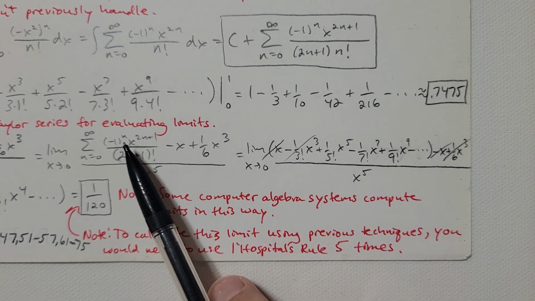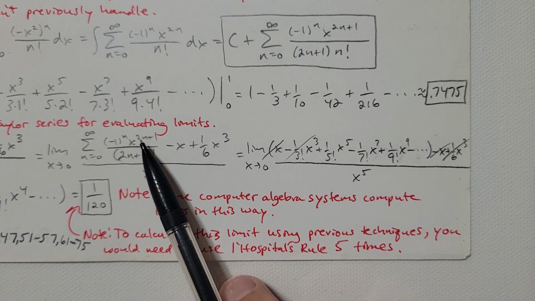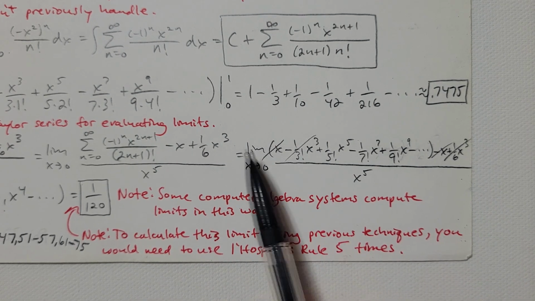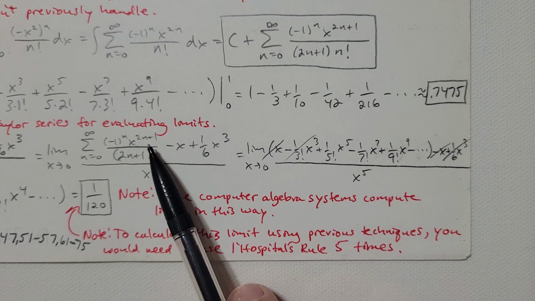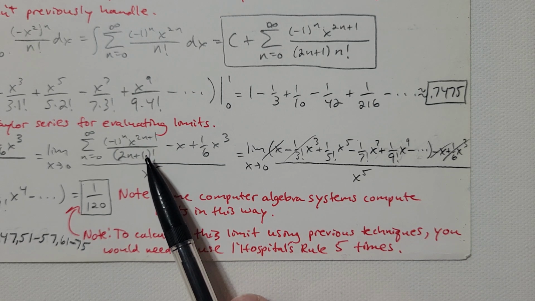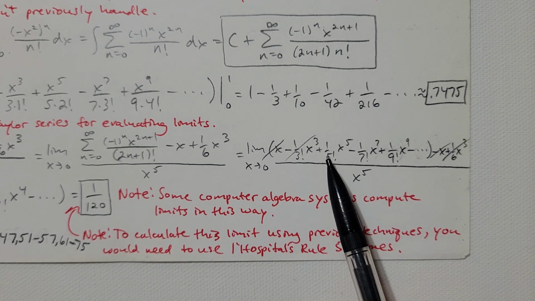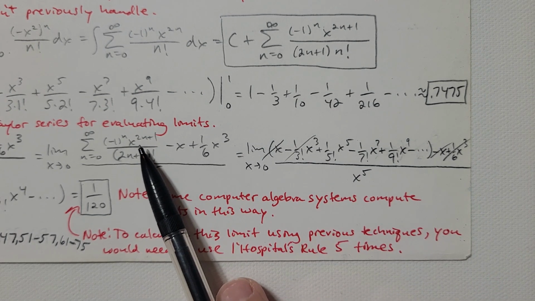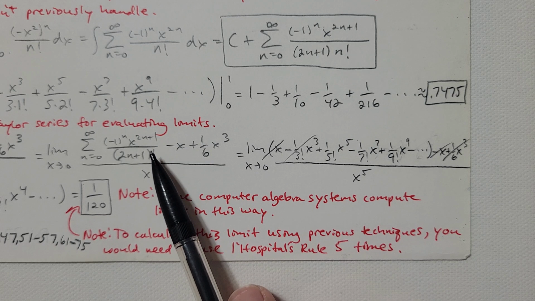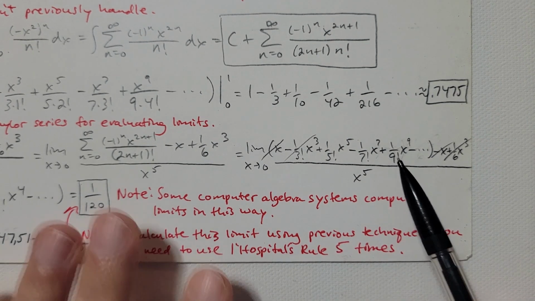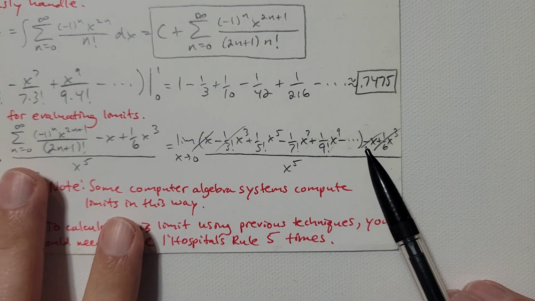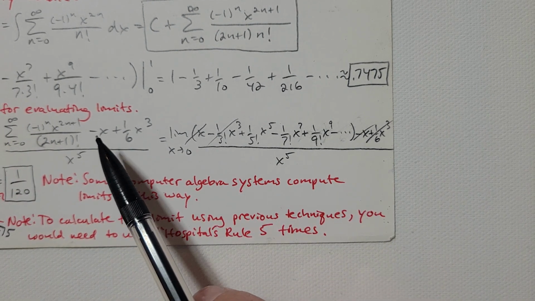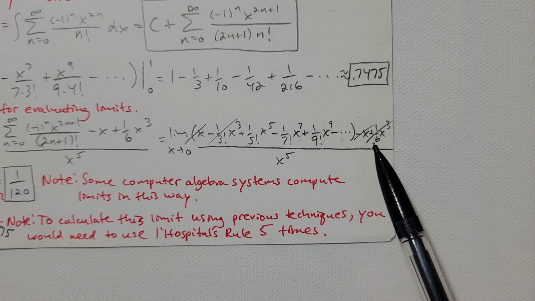When n is 1, we have minus x cubed divided by 3 factorial. Then when n is 2, it's plus x to the 5th divided by 5 factorial. When n is 3, it's minus x to the 7th divided by 7 factorial. Okay, plus etc. And then at the end of that, I've got the minus x plus 1/6 x cubed, divided by x to the 5th.